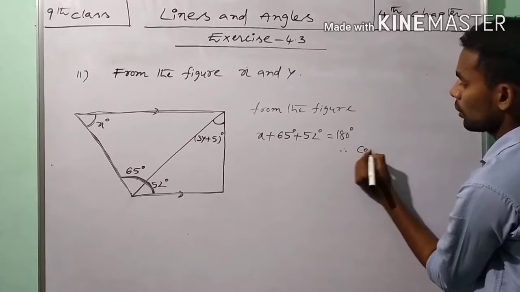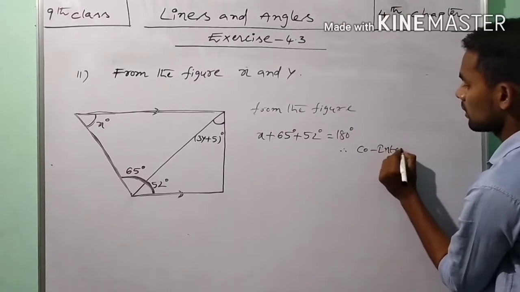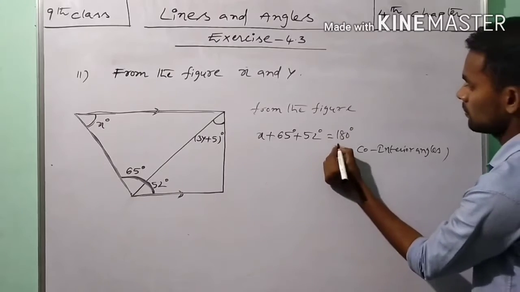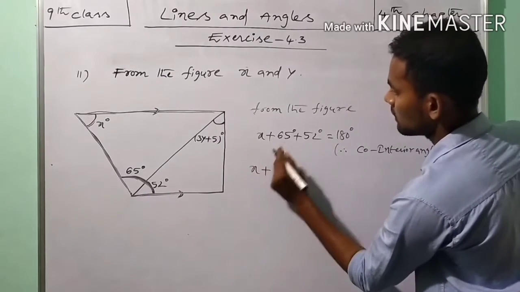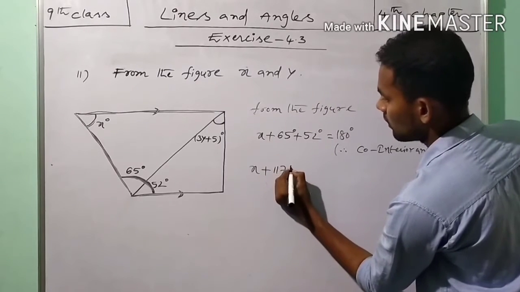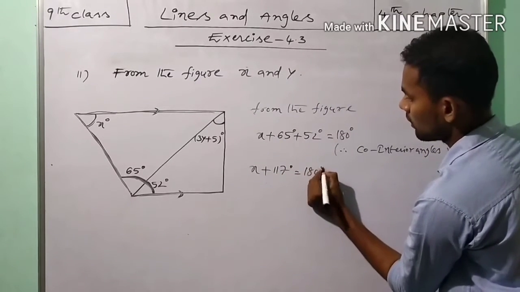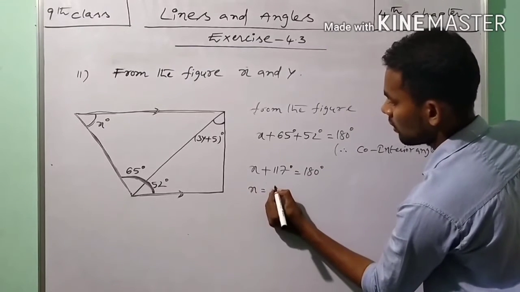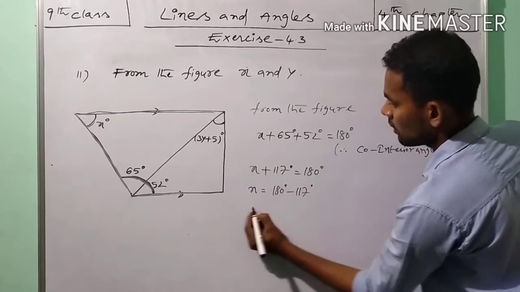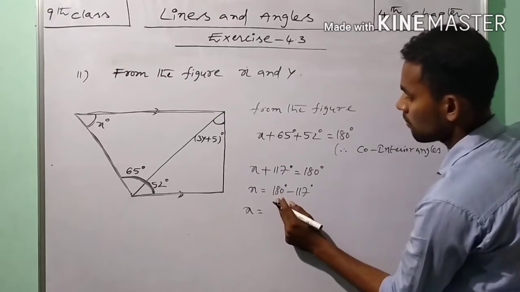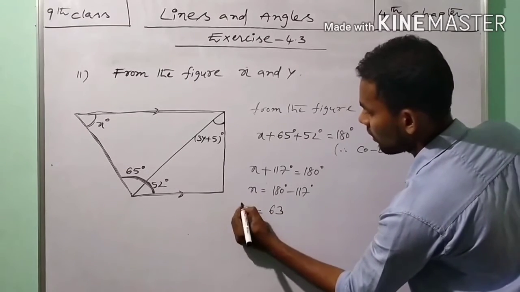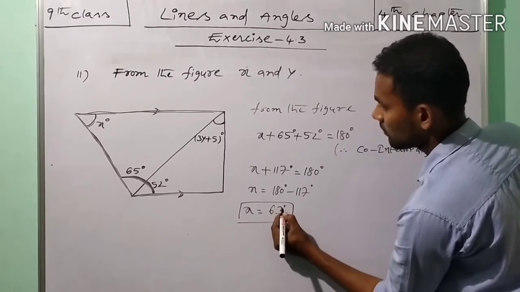Therefore, co-interior angles. x plus 117 equals 180 degrees. x equals 180 minus 117 equals 63. x equals 63 degrees.